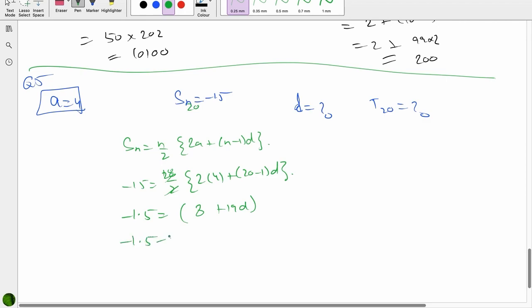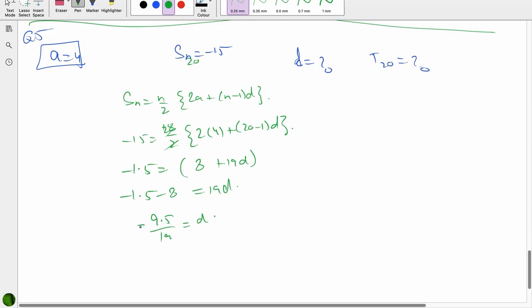Negative 15 minus 8 is equal to 19d. So 8 and 15 is 23 by 19 is equal to d. This is negative, divided by 19 we get negative 1 by 2.